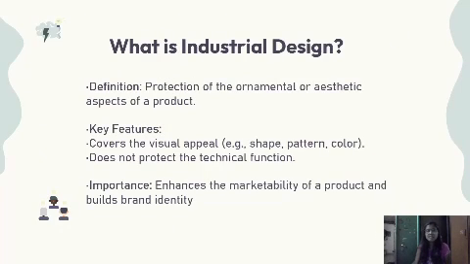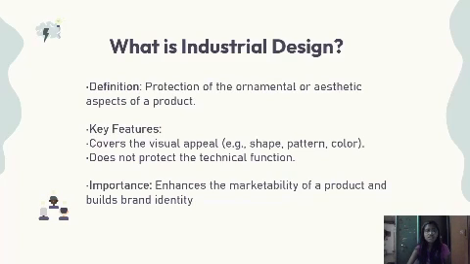What exactly is industrial design? Once we are done with patents, we need to know what industrial design is. Protection of the ornamental or aesthetic aspects of a product is very important, and this is done through industrial design. As told earlier, industrial design mainly focuses on aesthetic originality.